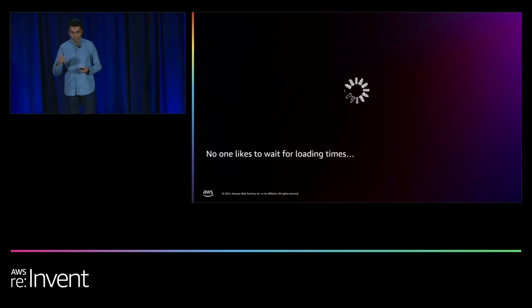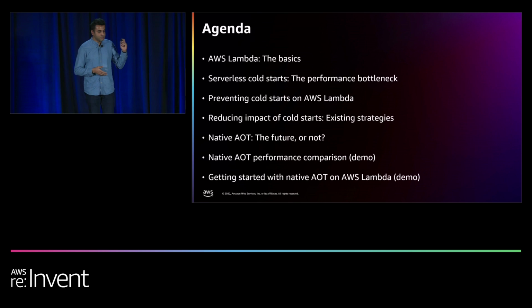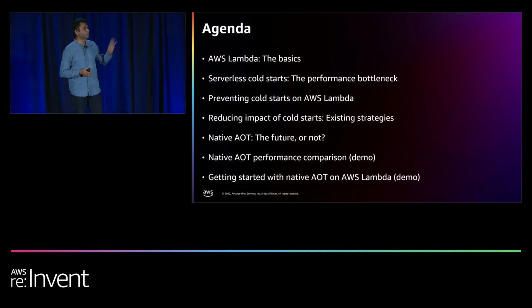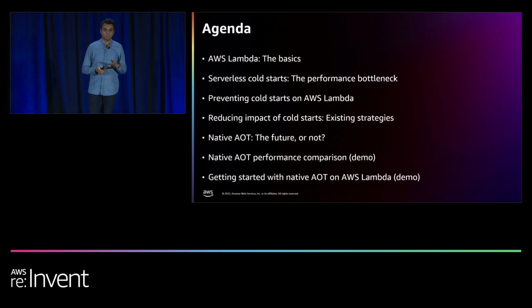So moving on, this is the brief agenda. It's kind of packed, and we'll try to keep the time. And we'll talk about the Lambda basics, which I'm pretty sure everybody's aware what Lambda functions are. Then we'll talk about why cold starts happen and what's the architectural nuance behind Lambda that makes Lambda so attractive, yet cause cold starts for compiled languages like .NET and Java.